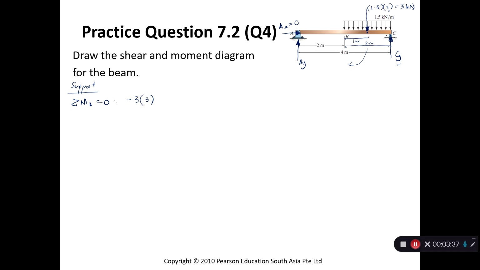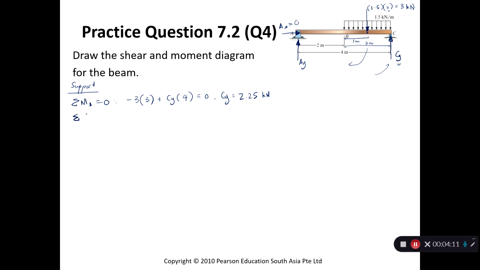And then CY will cause a moment in this direction, so that's counterclockwise, plus CY, the distance will be the entire length of the beam, which is 4, equals to 0. And then CY equals, this is 9, am I right? So 9 divided by 4, that will be 2.25 kilonewtons. Okay, so that's CY.